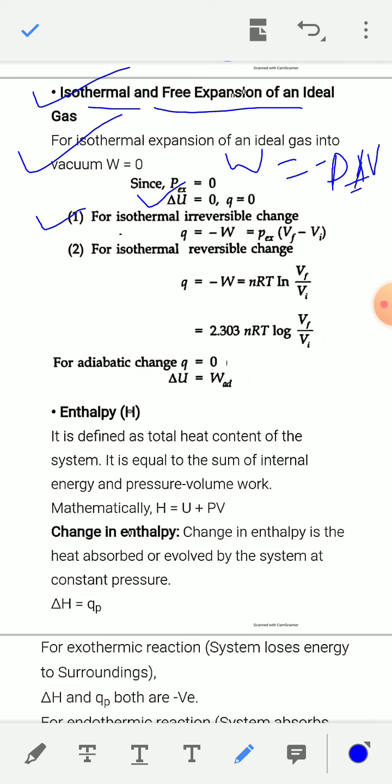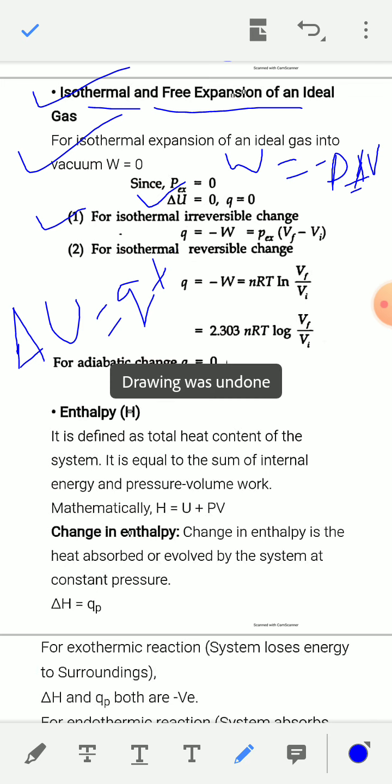And now for the irreversible process, if the process is isothermal, according to the first law of thermodynamics, delta U is equal to Q plus W, and as the process is isothermal, delta U is equal to 0, then Q is equal to minus W. You can calculate the work done in case of irreversible process: W is equal to minus external pressure into final volume minus initial volume.